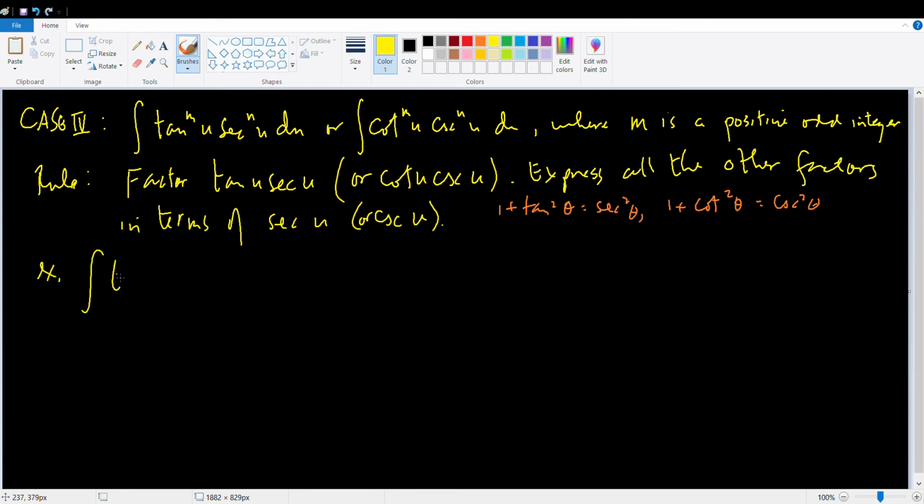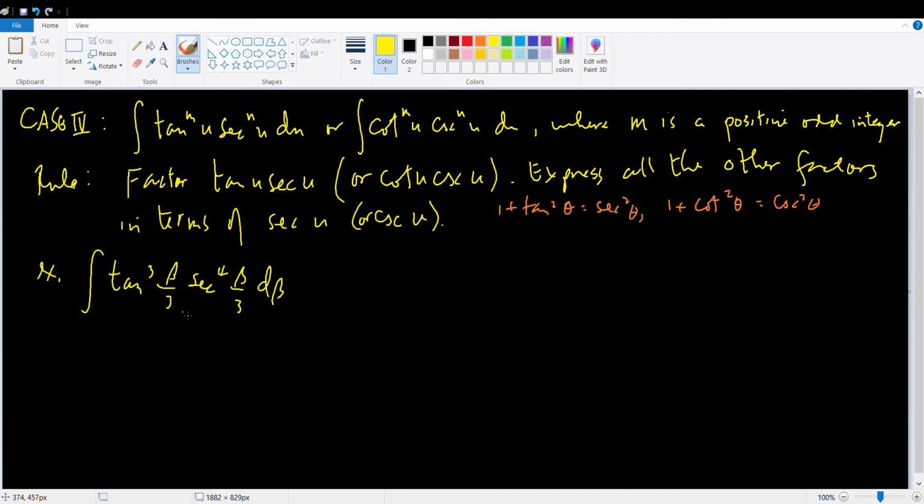Say we have tangent cube of beta over 3 and then secant to the 4th beta over 3 d beta. Notice here that the power of secant is 4, which is positive even. So you can evaluate this by using the rule of case 3.